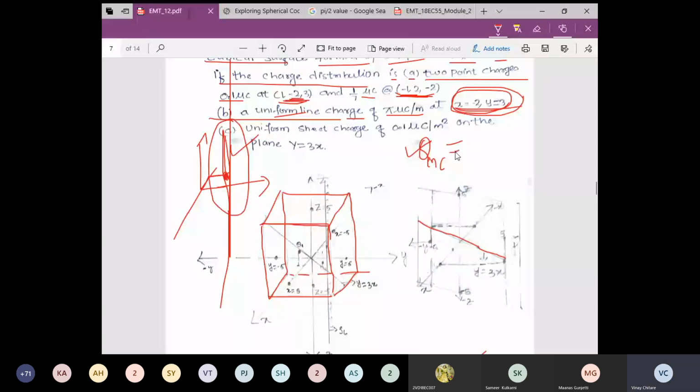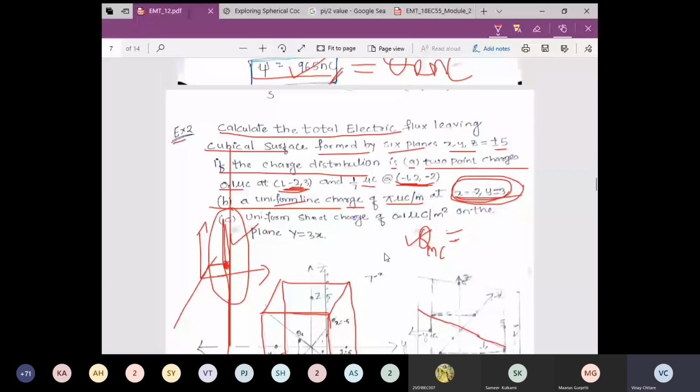So can anyone tell me how do you find that Q enclosed now? If you know what is a line charge density, how do you find total charge on that line of, I'll say, length L?